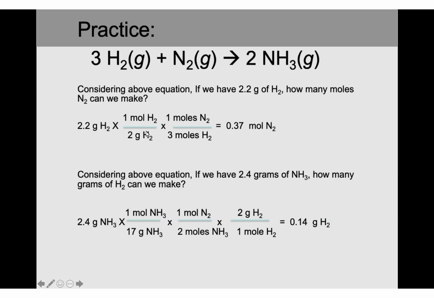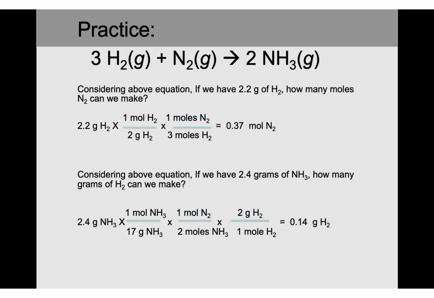I use the periodic table to add up two hydrogen masses; the atomic mass of two hydrogen is 2 gram of H2. These atomic masses, guys, depend on the periodic table you use, so please pay attention to what periodic table is given in the exam.